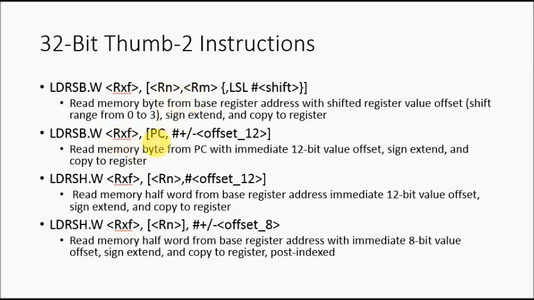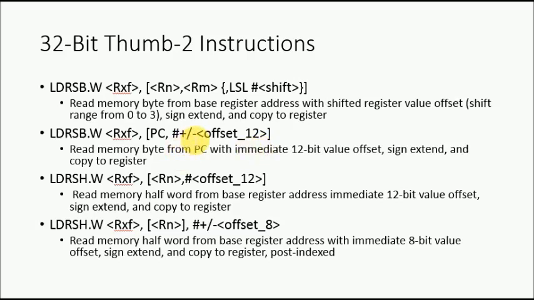Here the offset is calculated like this: first the content of RM is shifted to the left, by the bit position specified immediately in the instruction. So if it is #2, it means it is shifted by 2-bit positions. Likewise, S indicates the sign extended, B indicates the byte, that is 8-bit. Now here the offset is 12-bit and it is plus or minus.